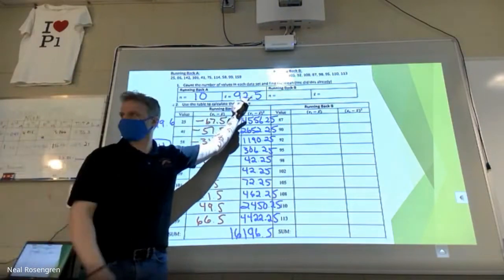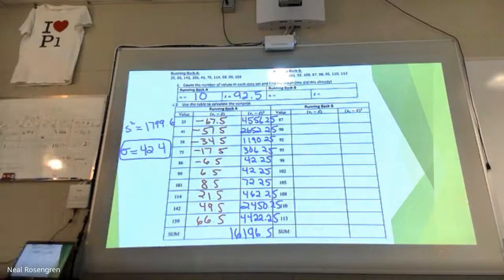So his expected range is probably between 50 and 135. That's what's really nice about that sigma compared to the S squared: it gives me a sense for where he's probably going to be.